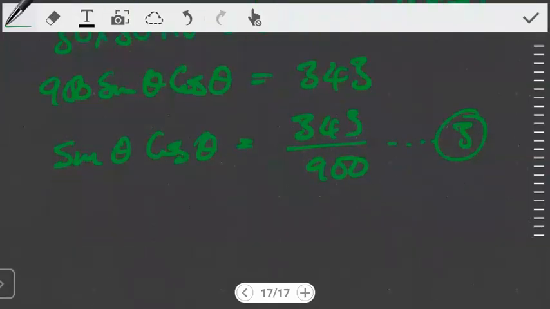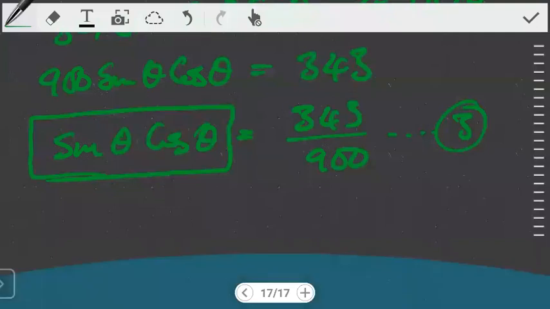This might be a little bit tricky, but luckily we have a trig identity that can help us to simplify this. You see, what we want to find is theta, not sine theta times cos theta. It's a little bit tricky to isolate the angle when we're dealing with two angles like that. But we can use a trigonometric identity.